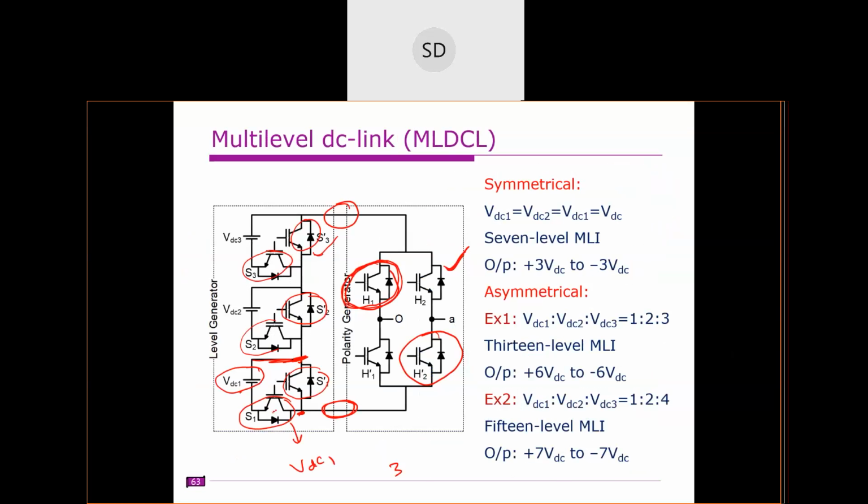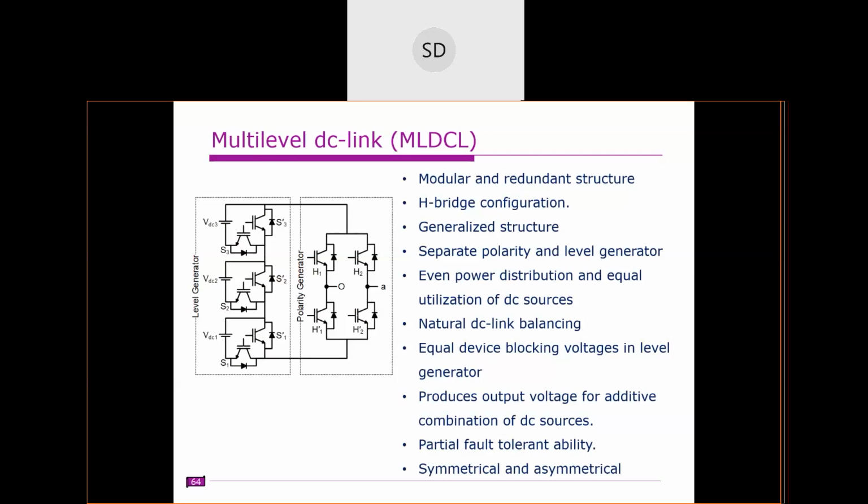Another advantage is, if you want to increase the number of levels, you can add another H bridge like this. I can slightly change these H bridge cells so that the levels can be increased. You just add one more block here. So these are some merits.